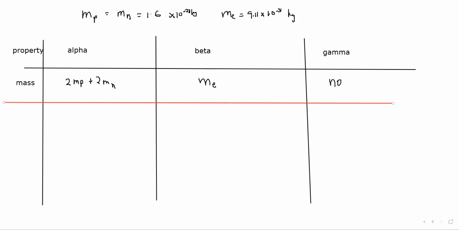Then speed or charge. What will be the charge? According to wave particle duality, theoretically energy can be changed into mass, or mass can be changed to energy.